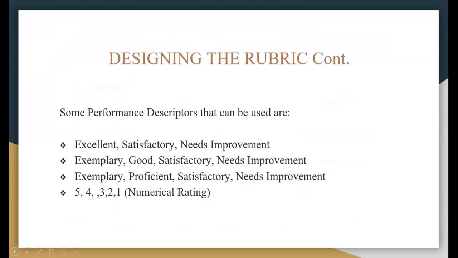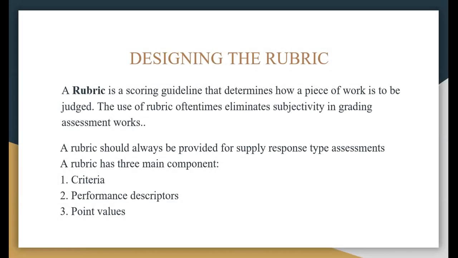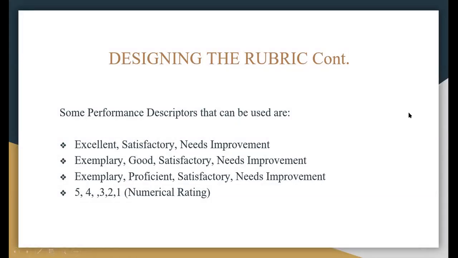Other than that, it becomes a mark scheme, so to speak. A mark scheme does not necessarily tabulate the whole thing with those kinds of descriptions, those kinds of ratings. This excellent, satisfactory goes with a rubric. A mark scheme does not necessarily use those kinds of descriptions.